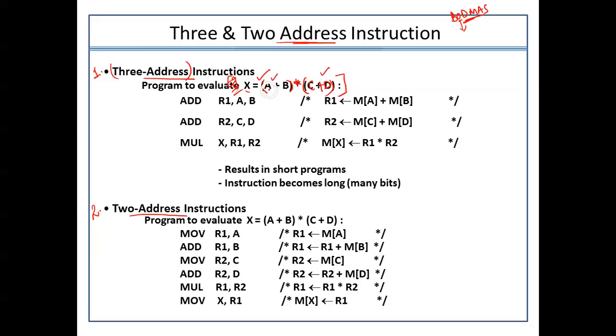I need to refer to where this value A is present and where this value B is present. And similarly, the C and D values, where these are present, and I will compute the sum of them, and then I will multiply. So let's understand how the entire instruction will be executed using a three address instruction.